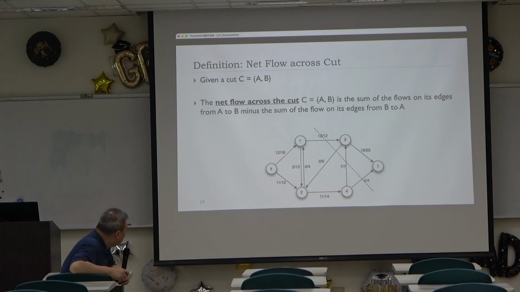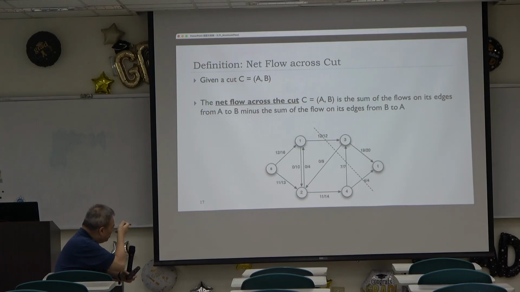So you will see that from S you go to 1, and 1 goes to 2, but obviously you cannot go from 1 to 3 because all the capacity has been used. You can go from 1 to 2, because you have 10 capacity left, which is not used.